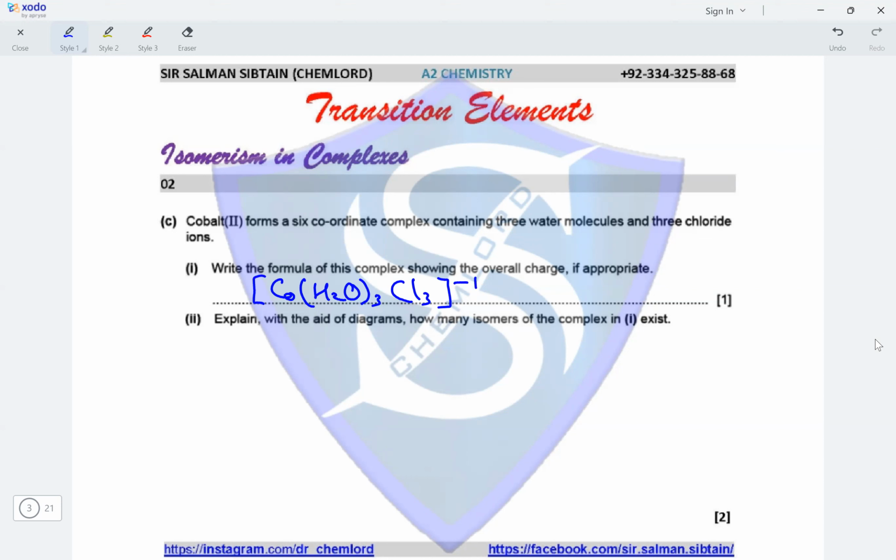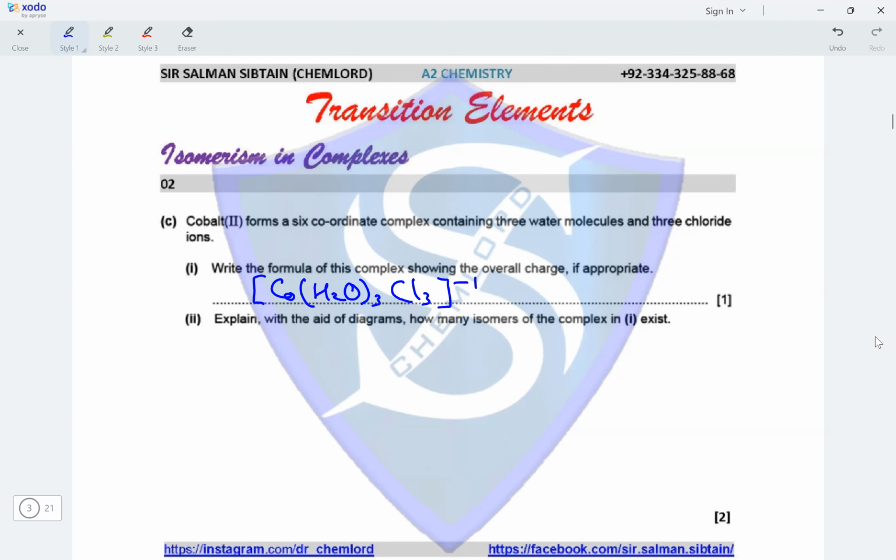Next, they've asked, explain with the aid of diagrams how many isomers of the complex in part one exist. So they've asked for the number of isomers that exist for the complex with cobalt having 3 water and 3 chloride as ligands.